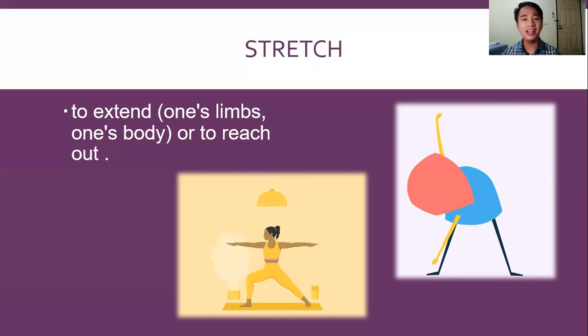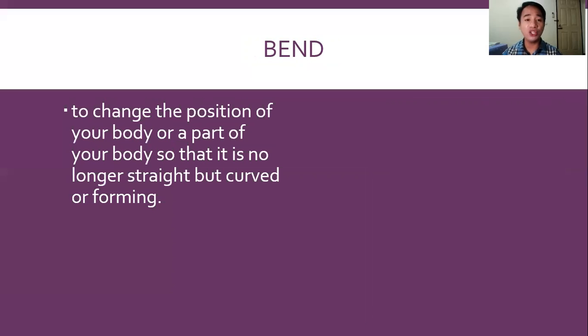Next word, bend. What's the meaning? It is to change the position of your body or part of your body so that it is no longer straight but curved or forming. So this is a good example of bend.